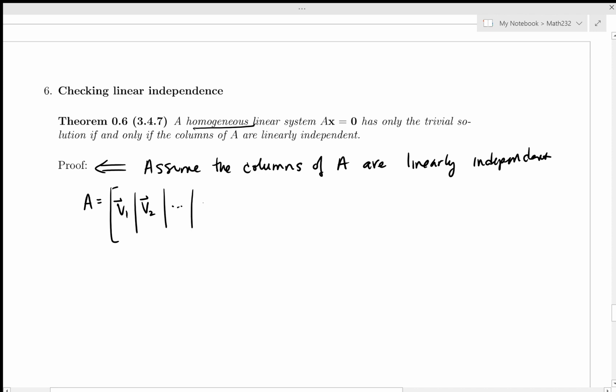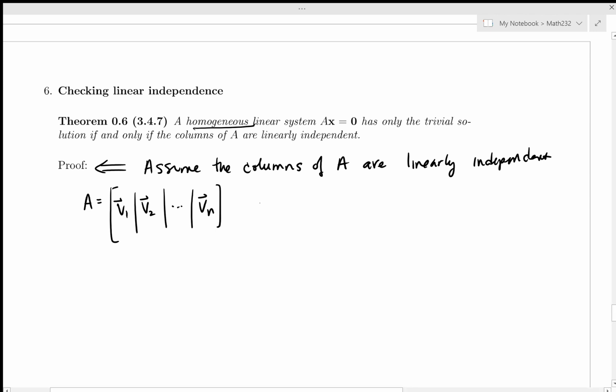I'm using that bar to separate the columns, saying I'm considering A, a matrix, as a collection of column vectors. We're assuming that those vectors are linearly independent.